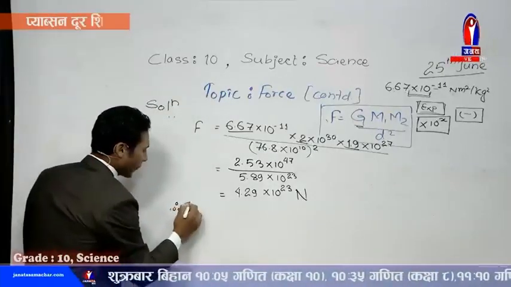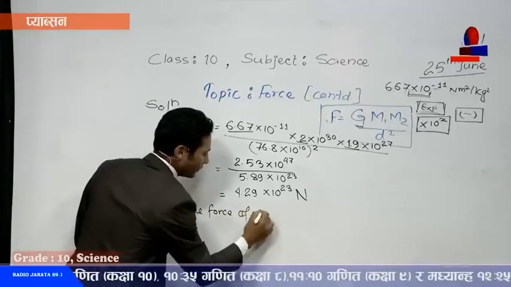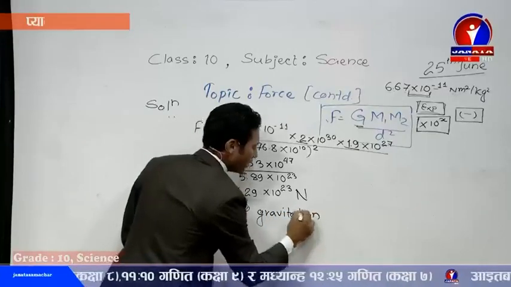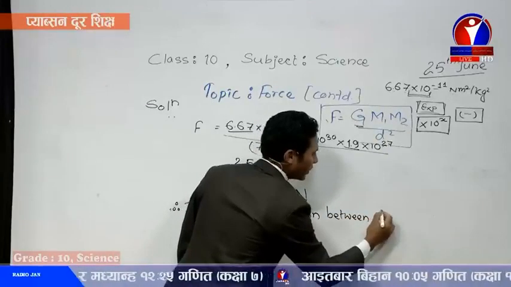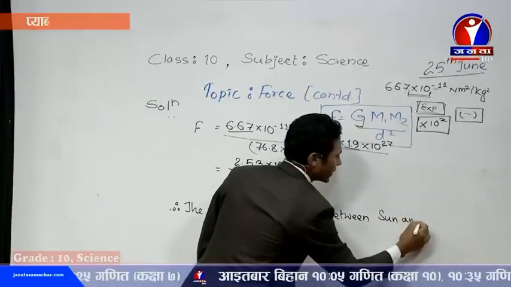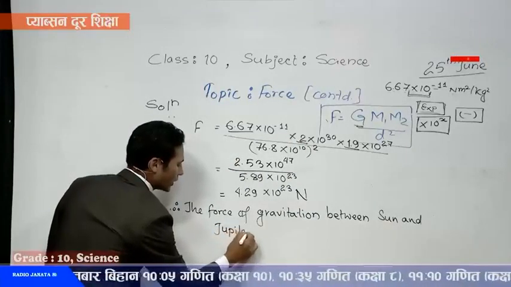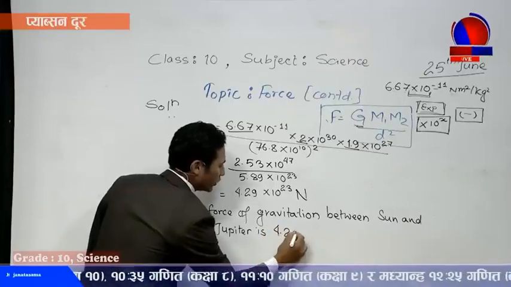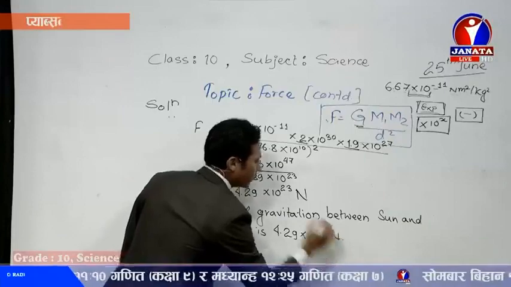Therefore, the force of gravitation between Sun and Jupiter is 4.29 into 10 to the power 23 Newton.